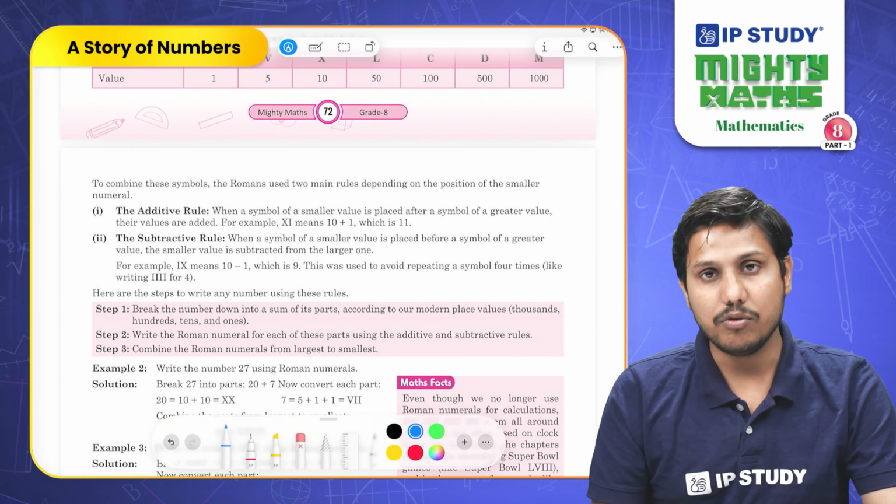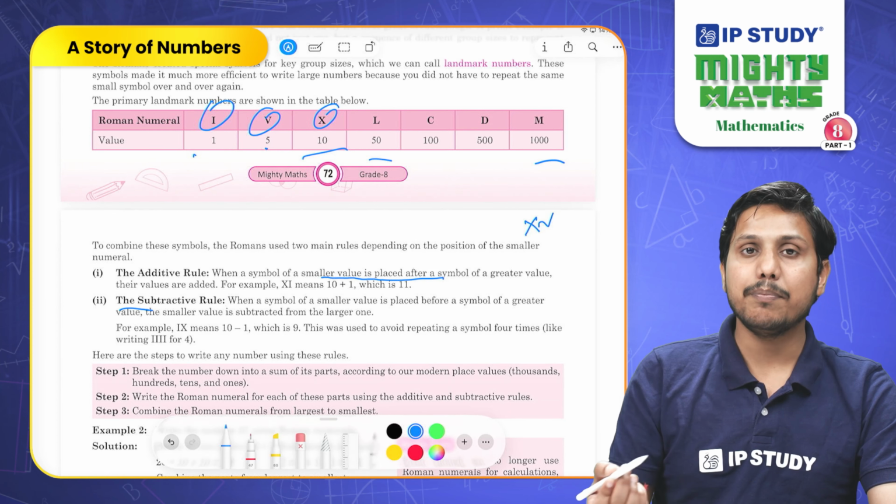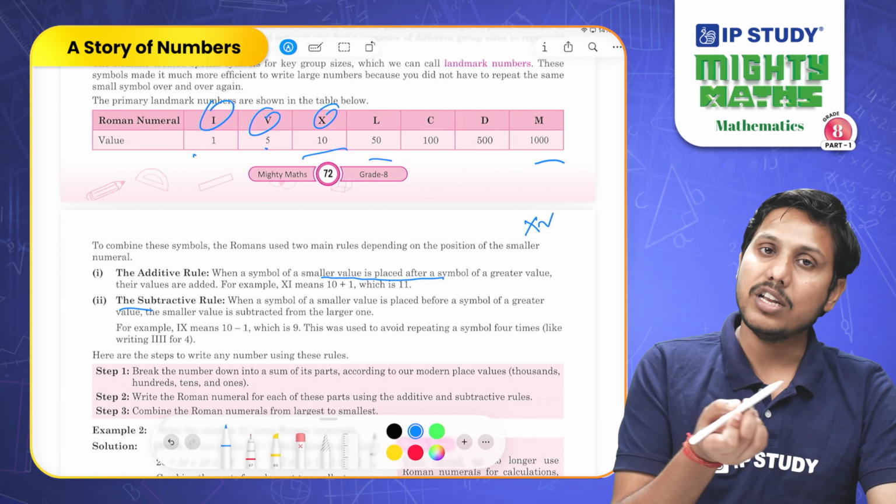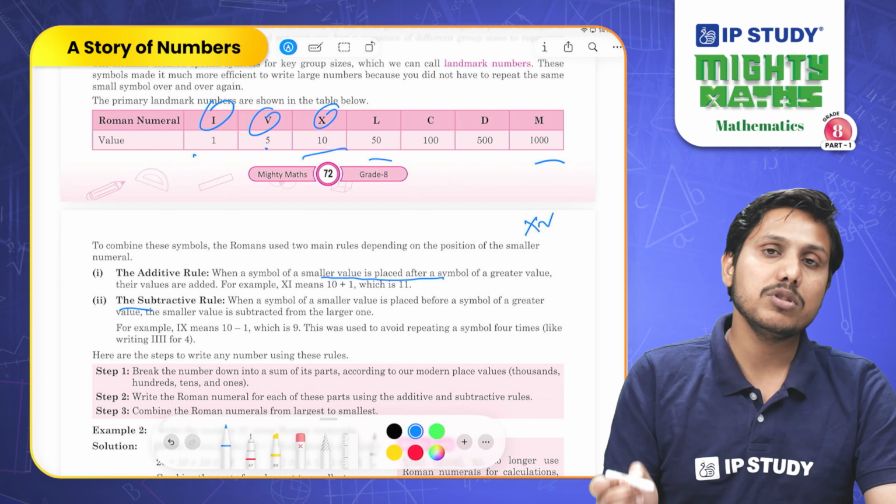Now the additive rule says when a symbol of smaller value is placed after a symbol of greater value, their values are added. Like if we have X, and we place a symbol for a smaller number like 5 or 1 after it, then we have to add them. So it will be 15. Now the subtractive rule says if we put a smaller number on the left side of a larger number, we have to subtract it.